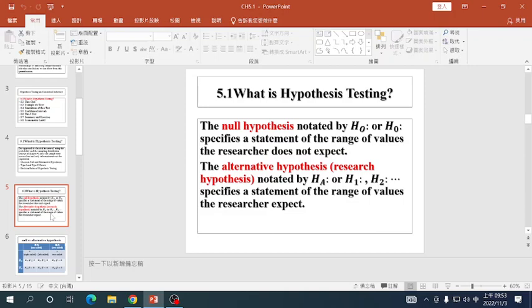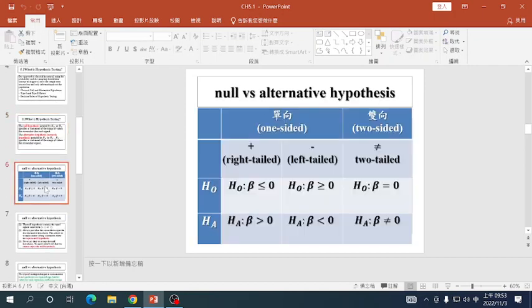So the first step is stating the null and alternative hypothesis. Now let's see, this is what I call one-sided and two-sided. Two of these are one-sided. If this is a positive relationship, we say it is right-tailed.